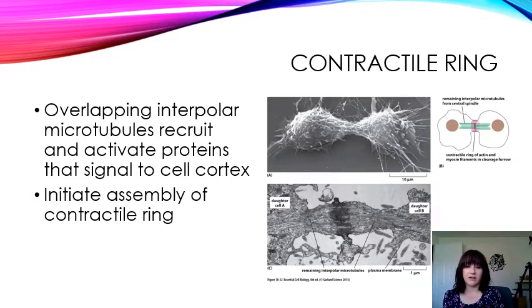And you can see, especially in this lower image in B, in the center, right here, this dark, electron dense region, that is actin that you're seeing and myosin, that's contracting. And you can also see these elongated lines. These are remaining microtubules from the mitotic spindle, which is pretty cool.